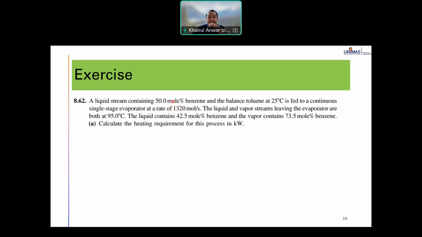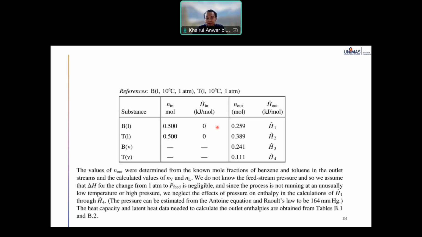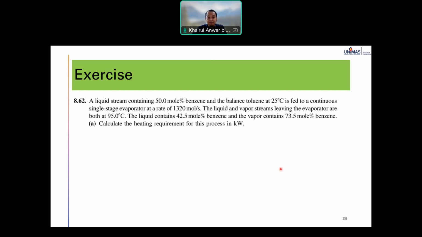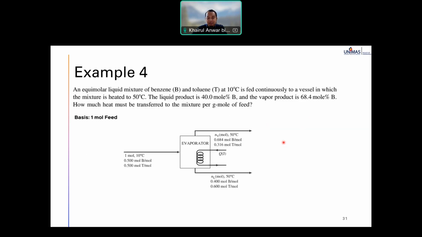Half of it is benzene, half of it is toluene. Liquid vapor stream within the evaporator at 25 degrees C. Don't forget to draw this block diagram, in and out. The liquid contains this much, the liquid contains this much, similar to this. Not similar in number, but similar in how it looks when you do it.